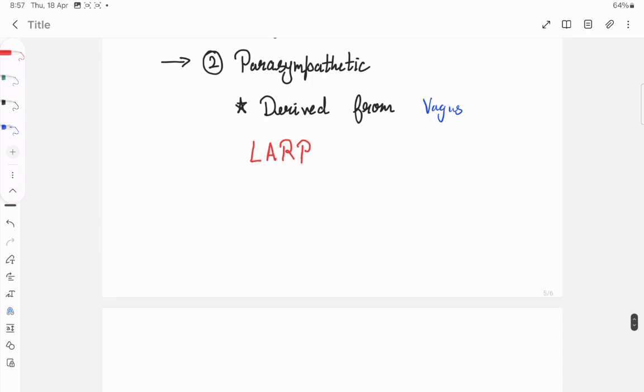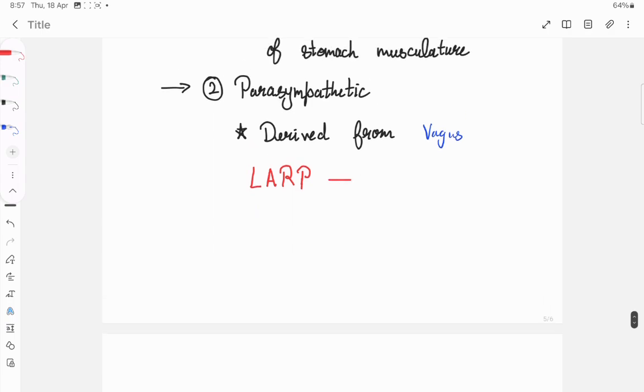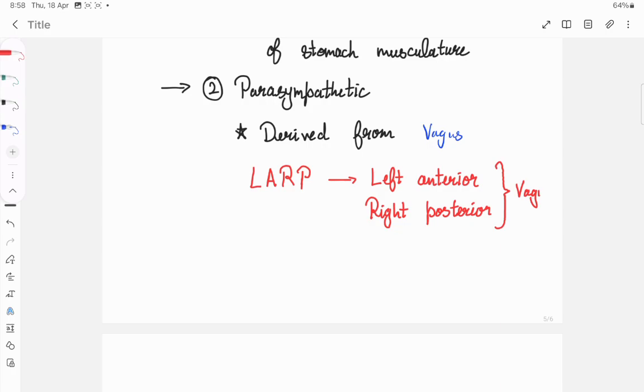LARP is left anterior vagus nerve and right posterior vagus nerve. So what happens is when the vagus nerve is on the esophagus, the left vagus nerve is anterior and the right vagus nerve is posterior.